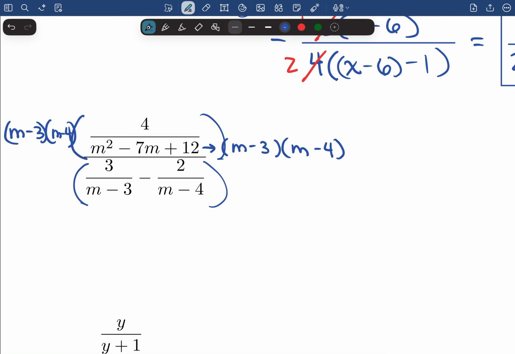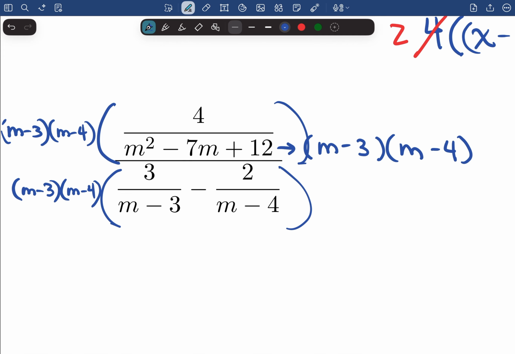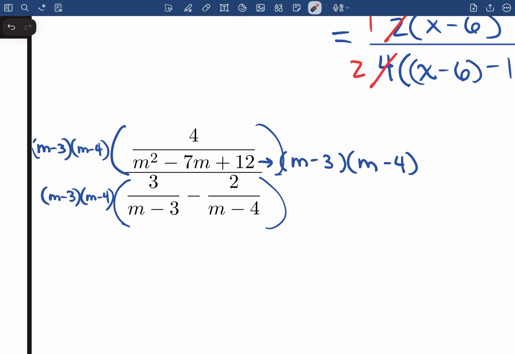Okay. Let me clean this up just a little bit. M minus 3 times m minus 4. Great, so I'm going to be multiplying this as the LCD, the least common denominator, to the top and bottom of these fractions.